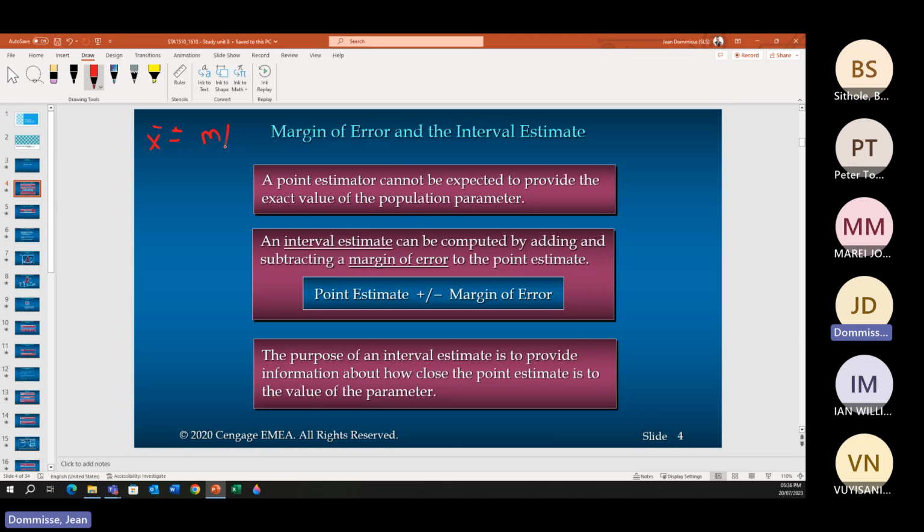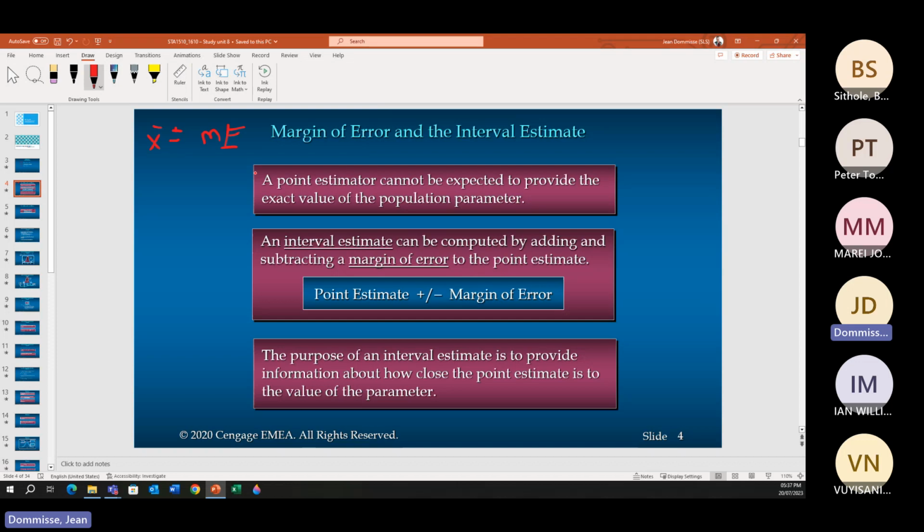Later, when we get to some of the questions, I will also show you a way of looking at the formula and starting to eliminate some of the options. But basically, every time we're going to work out a margin of error.